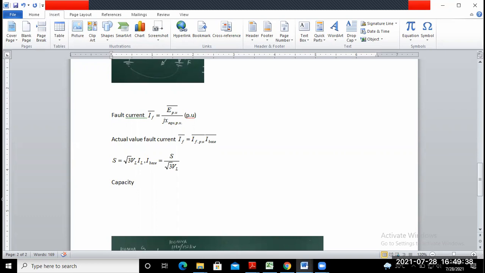So the capacity of short circuit MVA, or you may say fault MVA, whatever you may want.